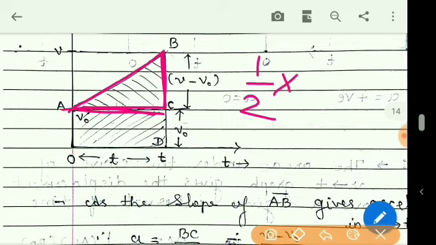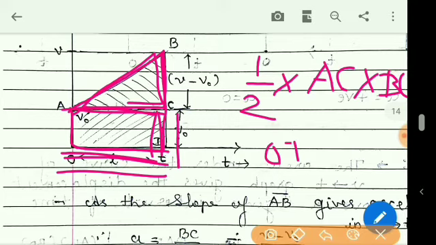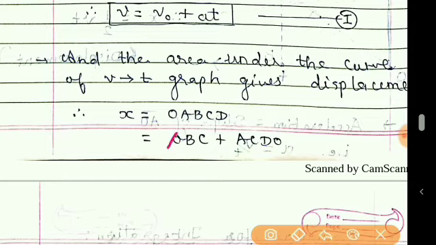Base is AC and altitude is BC. So the area of triangle ABC is half of AC into BC, and the area of this rectangle ACDO will be length into breadth, that is OD into DC. OD into DC will give you the area of this. So same thing I have done here, only there is a correction here, nothing else.